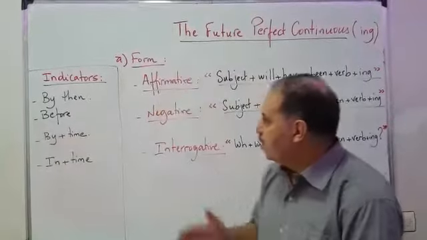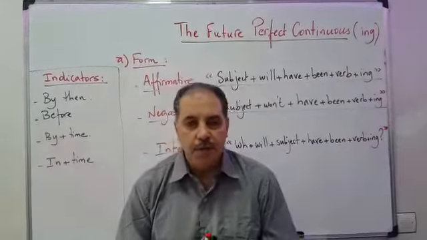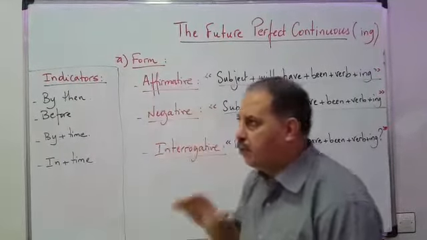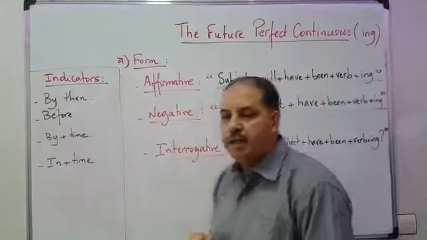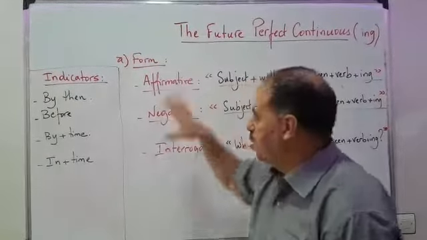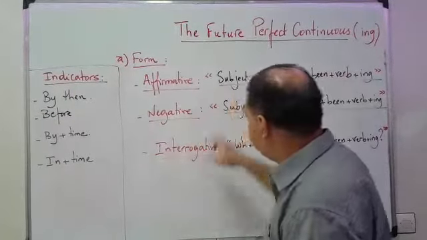Okay. So before talking about the use of future perfect continuous, let's study the form. It means how we formulate these sentences with the future perfect continuous. In the affirmative sentence, we need what?